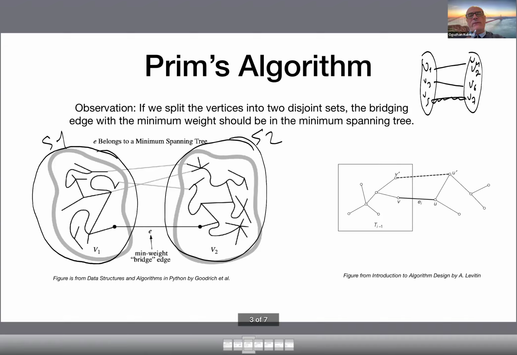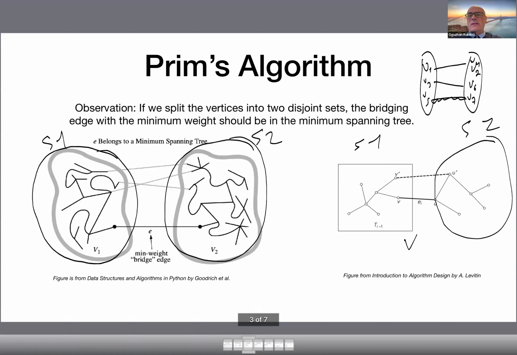At first glance, it's not easy to see why this observation holds. Let's assume it doesn't hold, and we will come to a contradiction. This will prove that the observation is correct. So here in the second figure, these are the vertices in set 1 and the rest are the vertices in set 2.